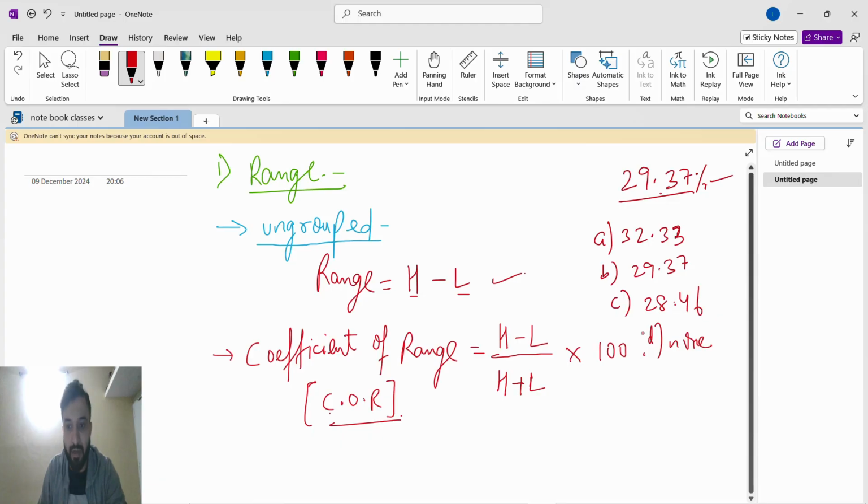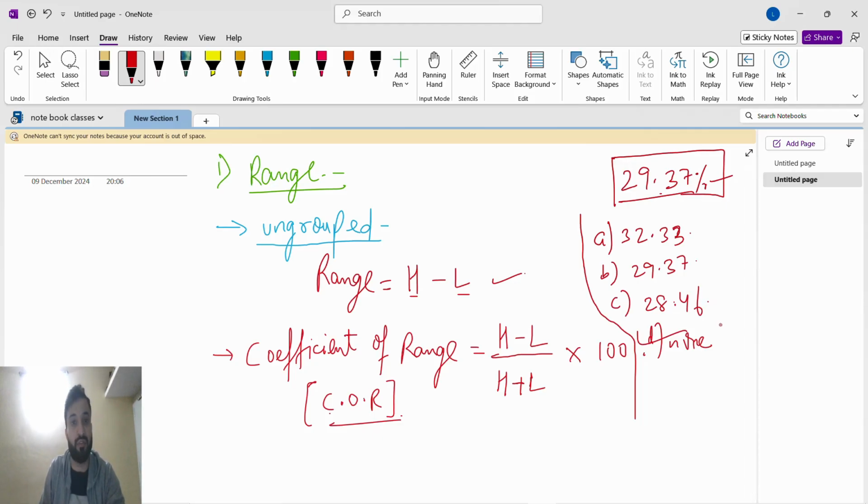A student ticked none of the above, because he saw that the percentage symbol is not there. But we know that multiplying by 100 gives the value in percentage.